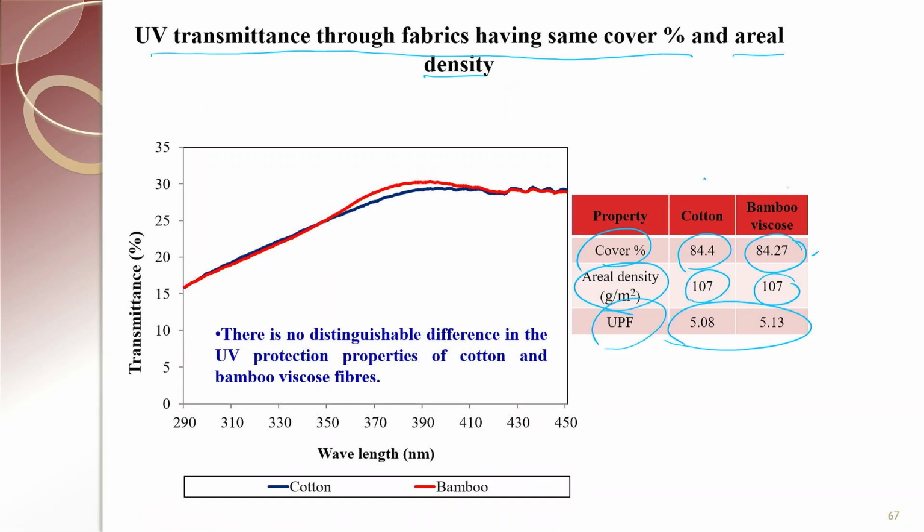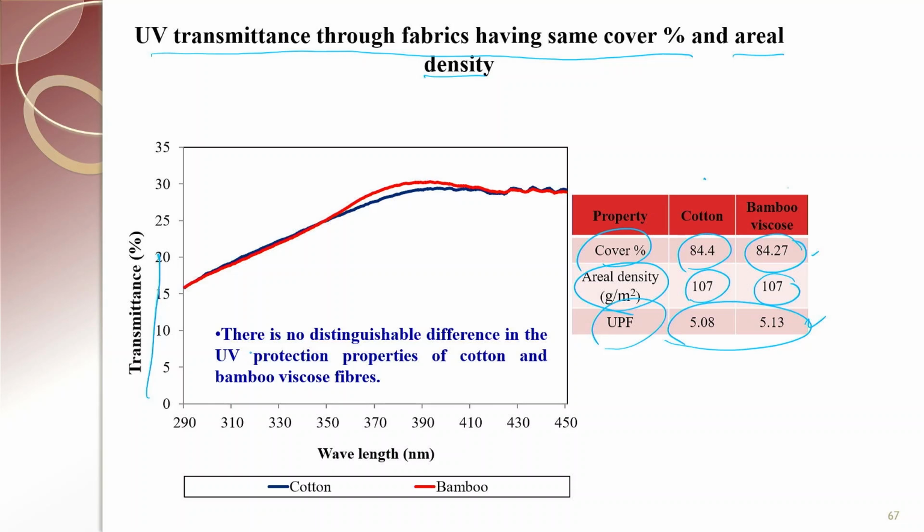And we have studied with a wide range of wavelengths. This is the transmittance percent and this is the wavelength. Along with the UPF value, with a wide range of wavelengths we tried to study the transmittance percentage.